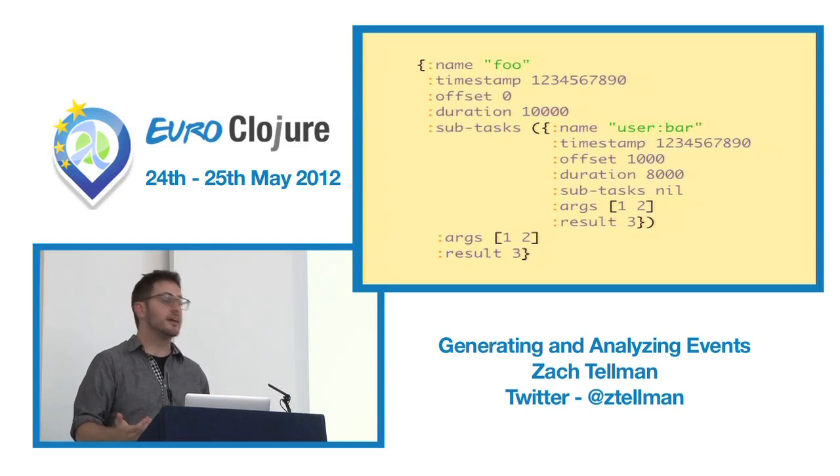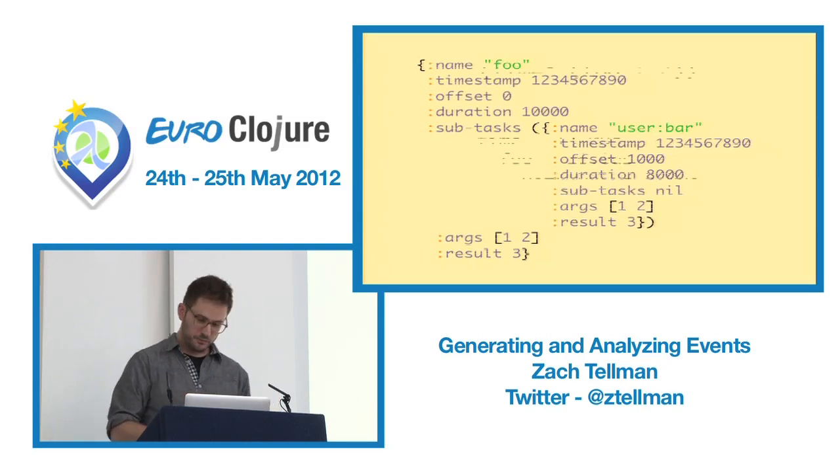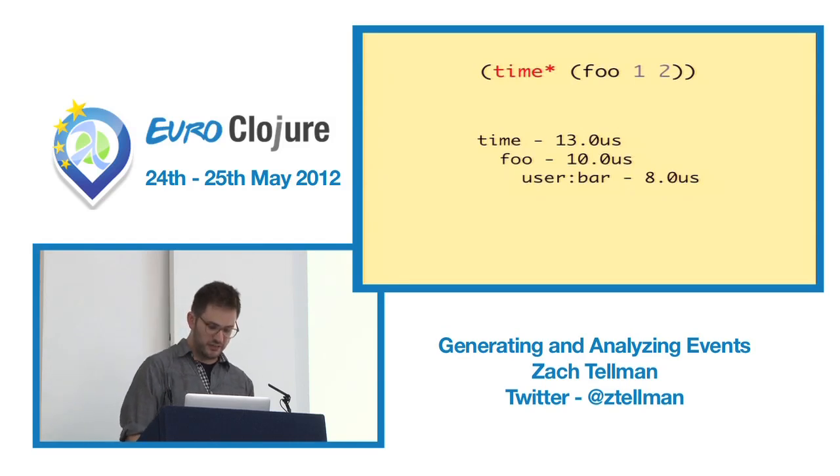Maybe they share a thread ID or something like that, but it's not something that we have easy access to. It's something that we have to infer. This also has a nice benefit of giving us a slightly more useful time macro, which will tell us not only how long the overall body took, but also how long was taken by all the internal functions.